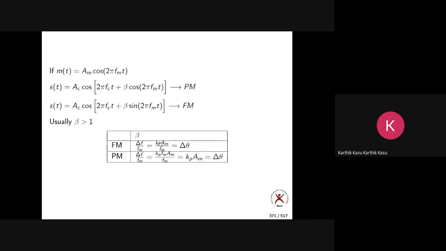But remember, beta of FM is Kf Am by fm. Beta of PM is Kp into Am. What is Kf? Frequency sensitivity. What is Kp? Phase sensitivity. What is Am? Amplitude of m(t). What is fm? Frequency of m(t). So this table gives the formulas for beta.